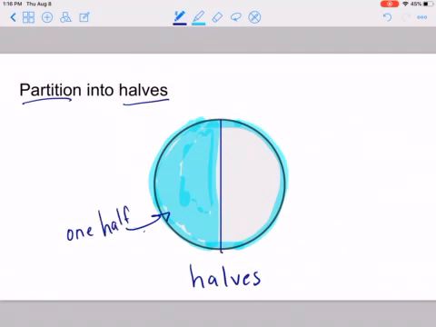And that's a little bit of a different spelling because our two halves is spelled like this. 1 half is H-A-L-F. So there's 1 half, and this is 1 half. So if I ate 1 half of that pizza, I ate half of the pizza. 1 of the 2 parts, okay? So 1 half. So any shape that is partitioned into 2 equal pieces is partitioned into halves.